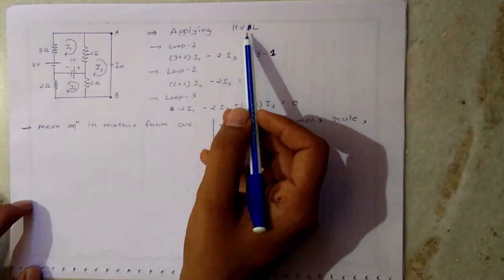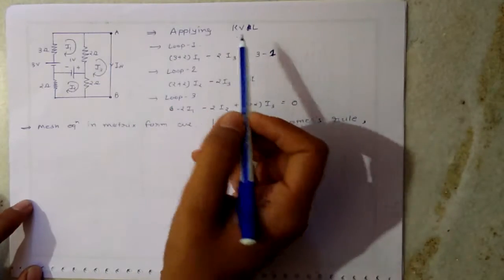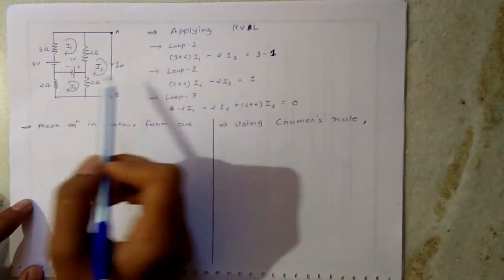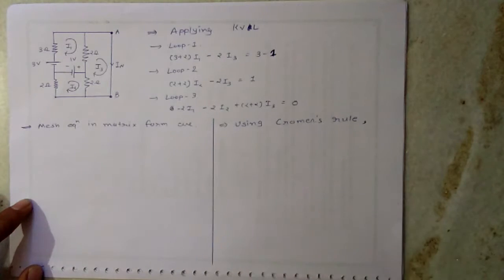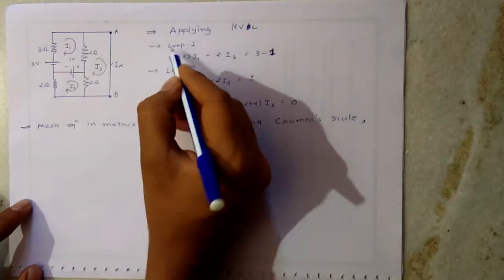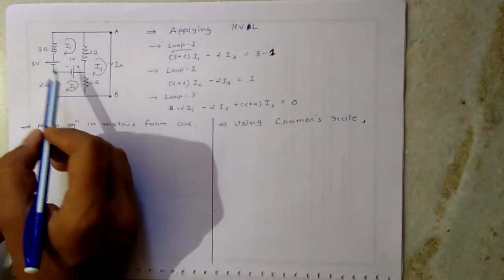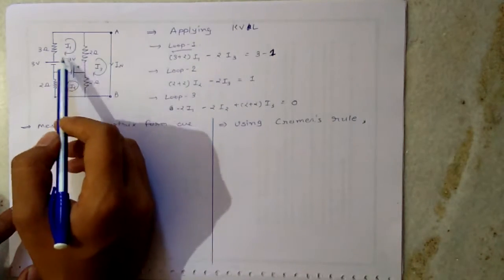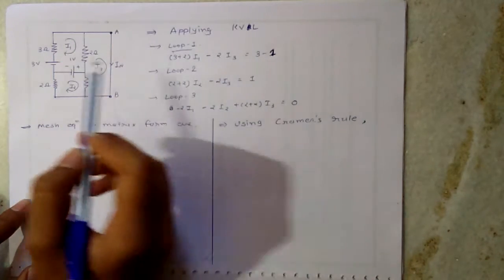Now by applying KVL, Kirchhoff's voltage law: according to Kirchhoff's voltage law, the sum of all voltage rises is equal to the sum of all voltage drops. Here we have taken loop 1. For loop 1, 2 ohm and 3 ohm resistances are connected. Current flowing will be I1.